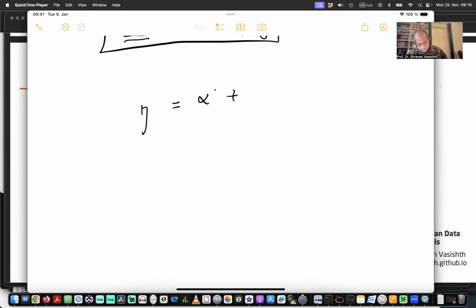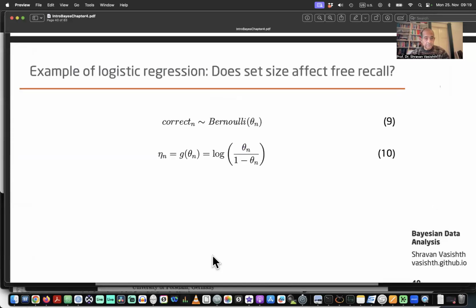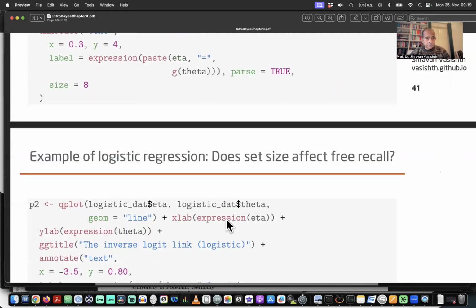We're going to assume that there's an intercept and a slope, and the centered set size is the predictor. So for different values of centered set sizes, we are going to be obtaining posterior distributions for the alpha and beta parameters. Therefore, we need to decide on some priors for these alpha and beta parameters, that is, the intercept and the slope. So that's where we are going.